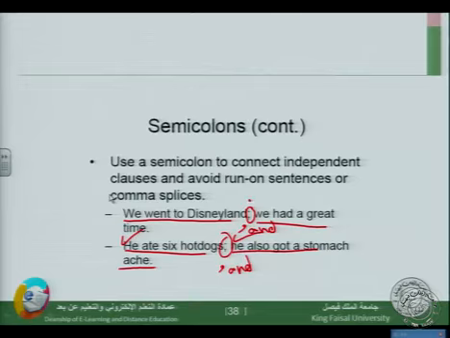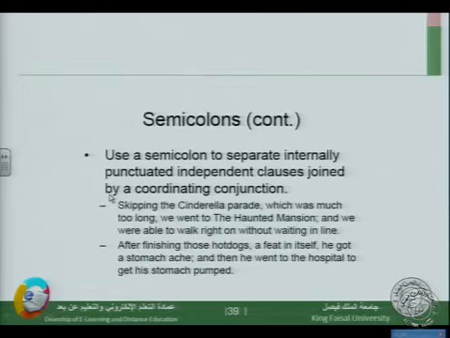Okay, if we use a period between them, this must be a capital letter and this must be a capital letter. Use a semicolon to separate internally punctuated independent clauses joined by a coordinating conjunction.